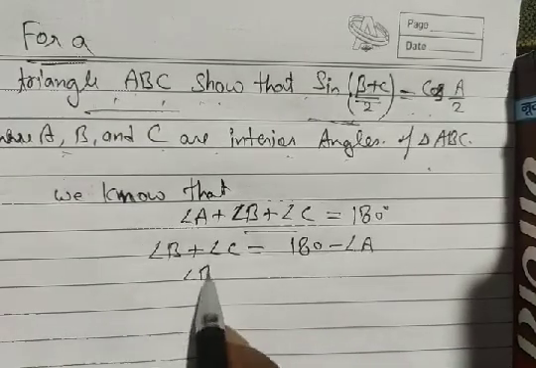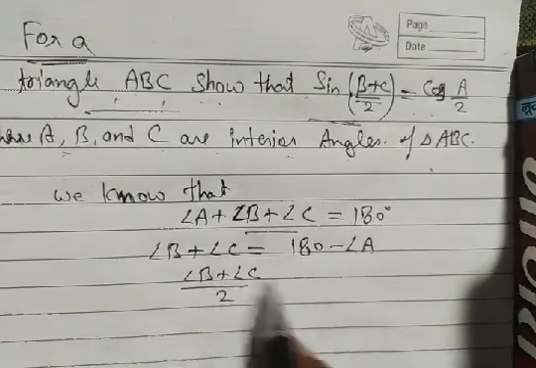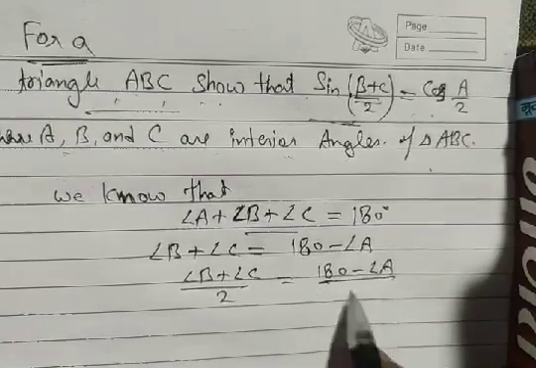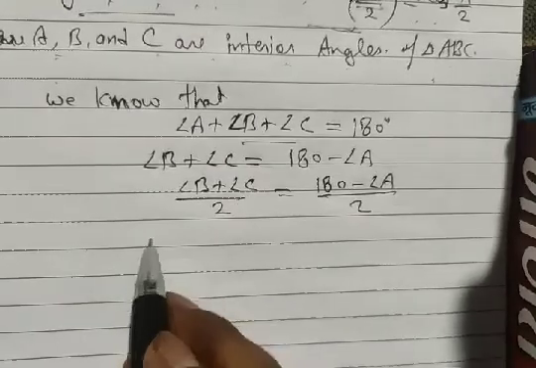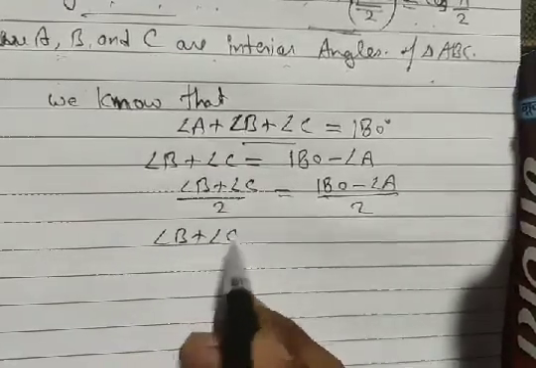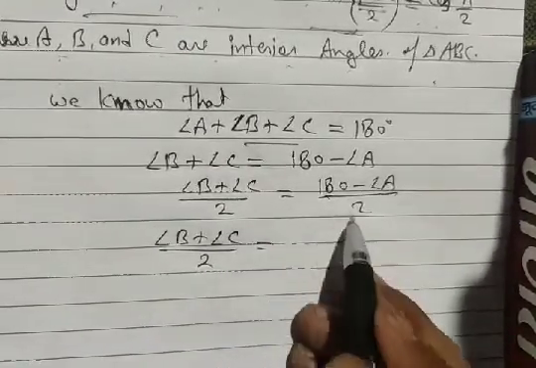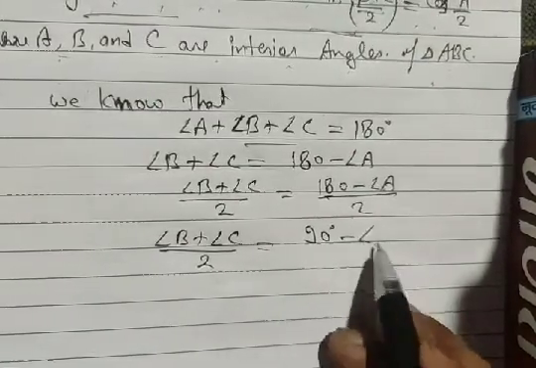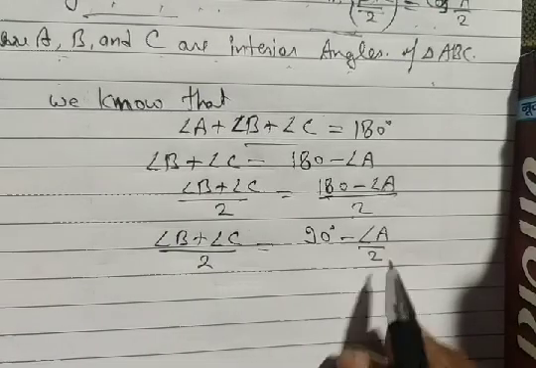Now what do we do? We divide both sides by 2. Angle B plus angle C by 2, and 180 by 2 gives 90 degrees, then minus angle A by 2.